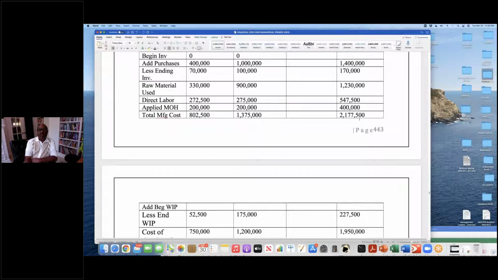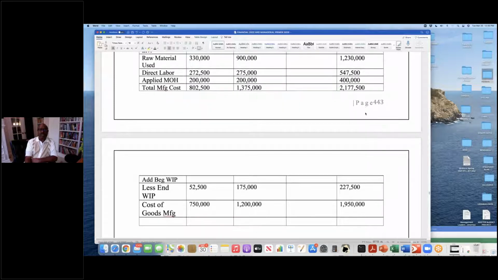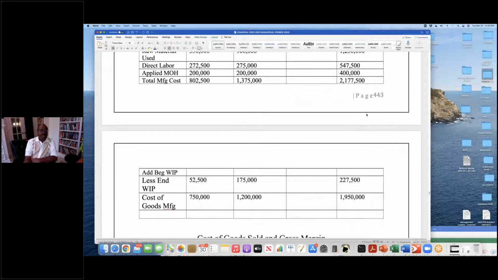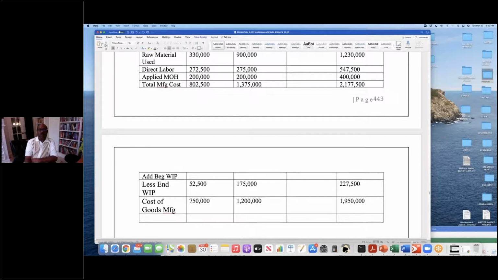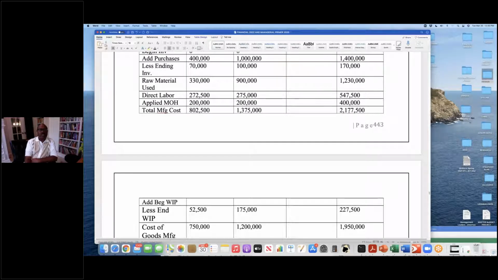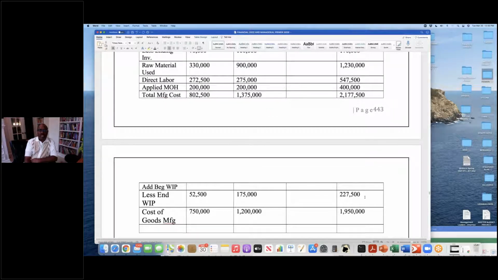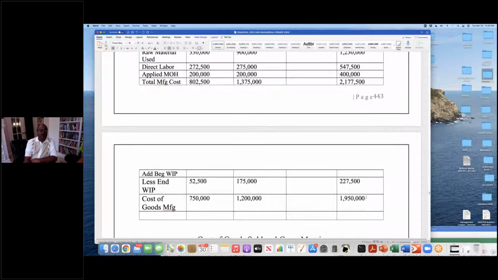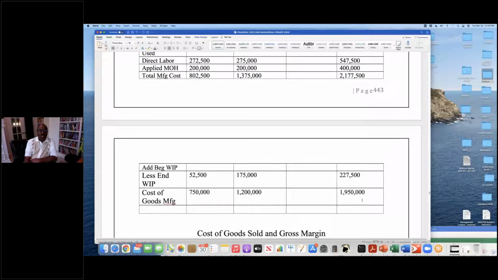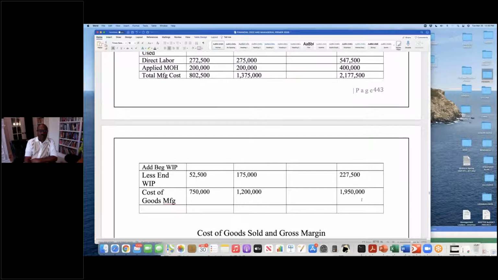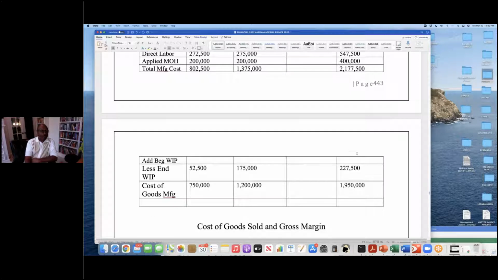So this adds up to 177,500. Yes. Then we subtract this out, the 227, and we get how much? We get the 1,950,000. Yep. Okay.